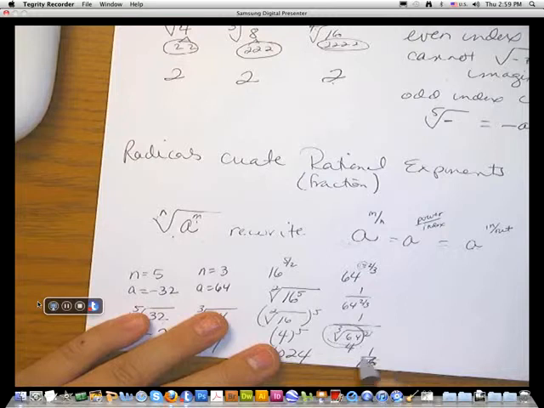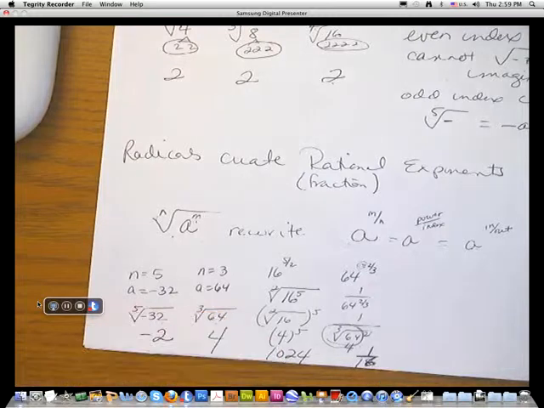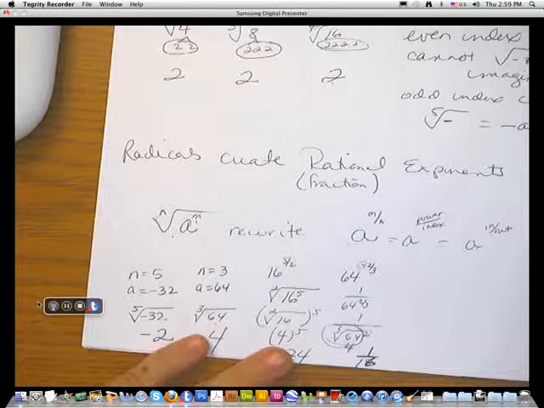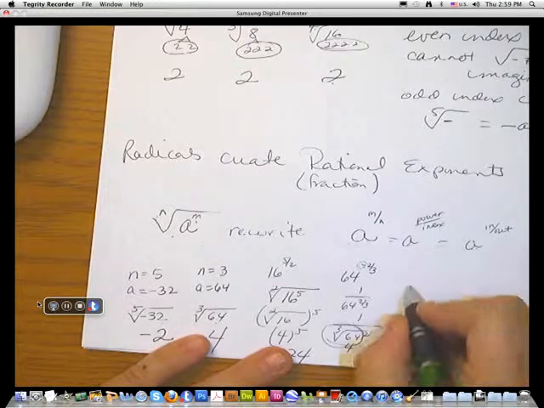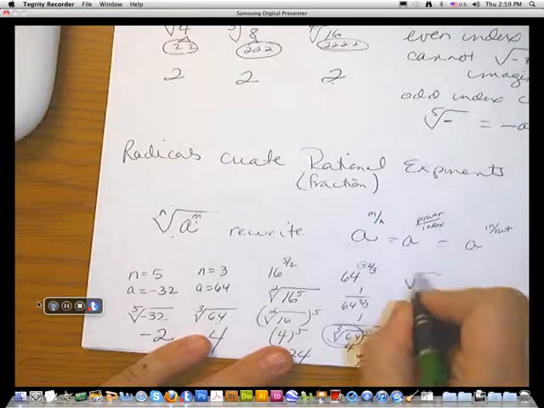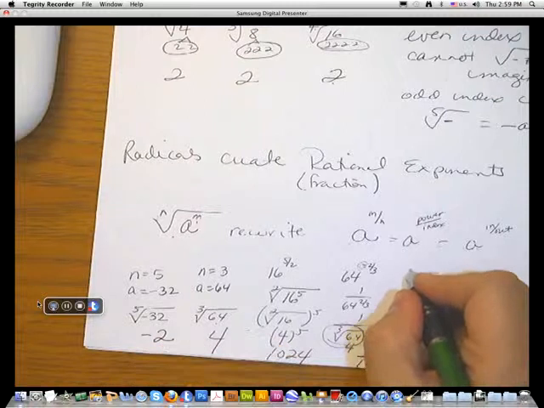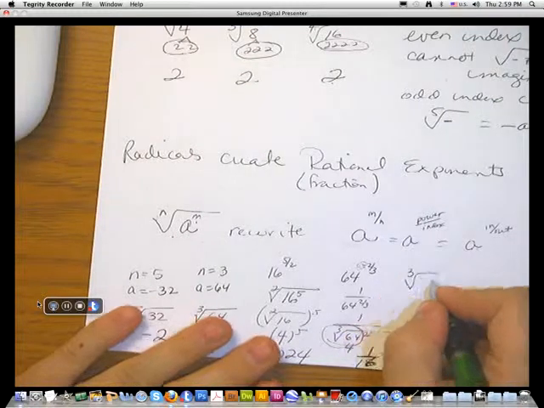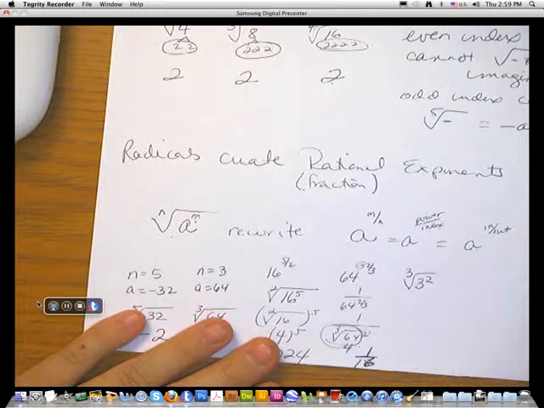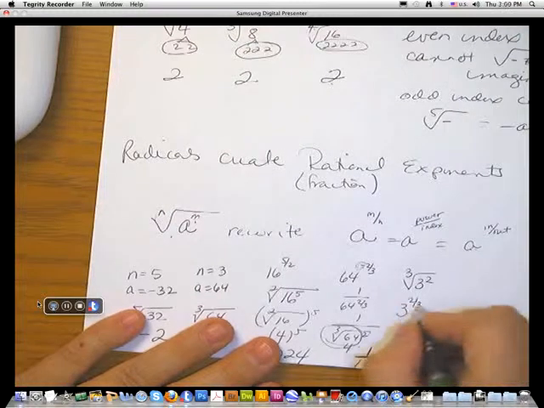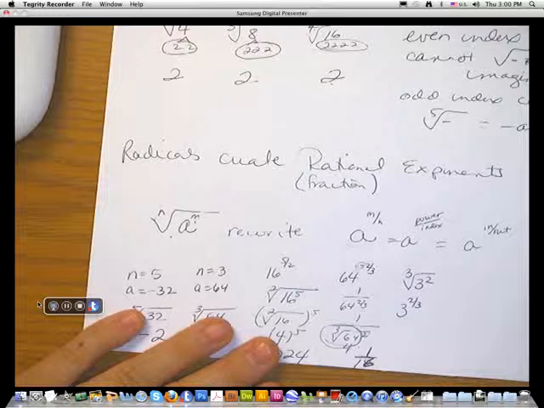And it's 1 over it, so 1 over 16. If I have the cube root of 3 squared, you would rewrite that as 3 to the 2/3.